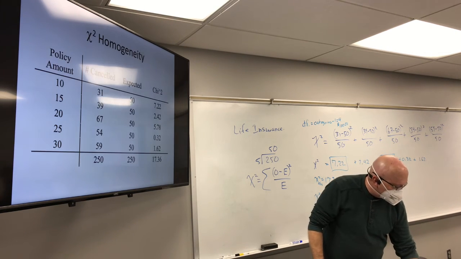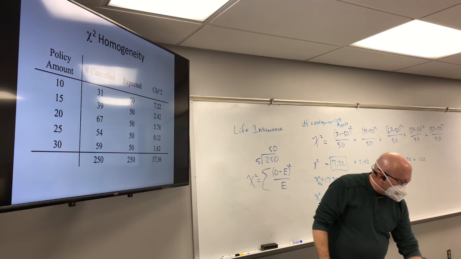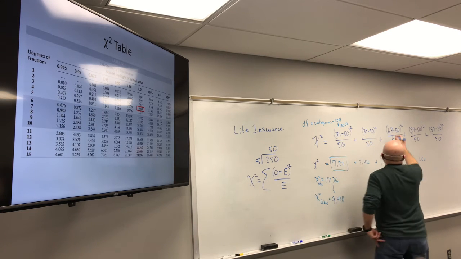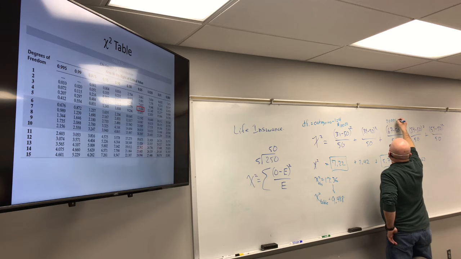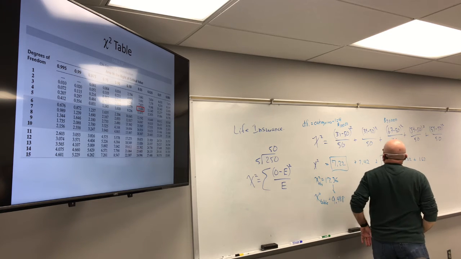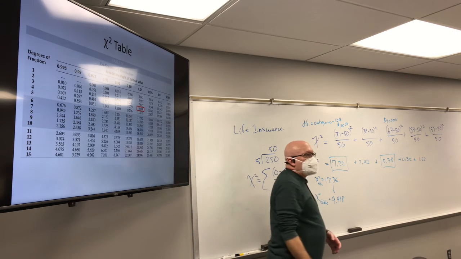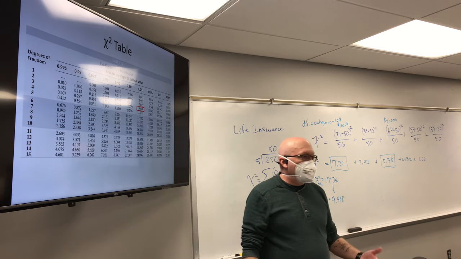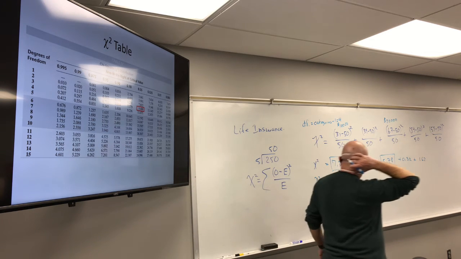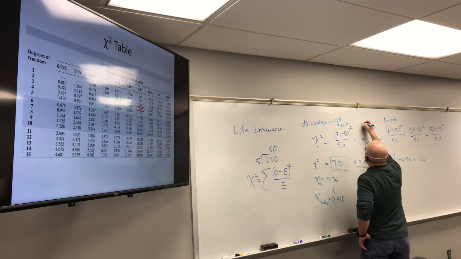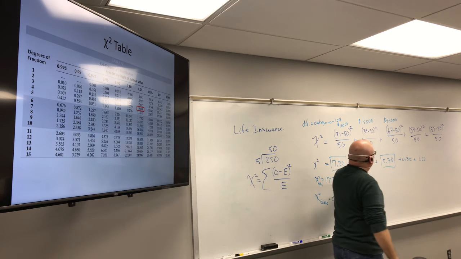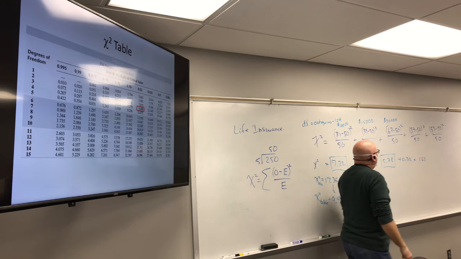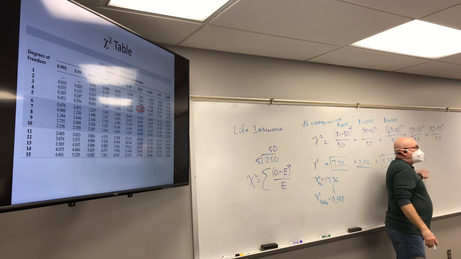I changed sheets. And the $20,000 policyholders tend to cancel policies more frequently. And also the $15,000 group also cancels slightly more often than the ones with higher values.